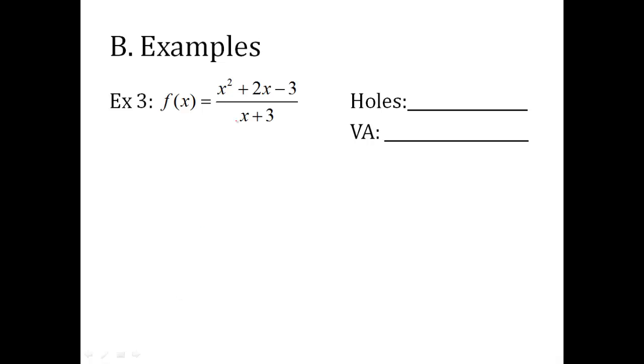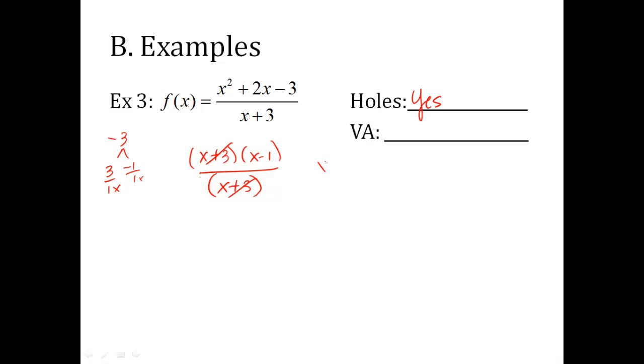Let's try another one. Factor, factor, factor. Top, MIFDARM, negative 3. Two terms, give me a positive 3 and a negative 1. Divide by 1. Can't reduce that. So the top will factor as x plus 3, x minus 1. The bottom is x plus 3. Common factor here, so that means there is a hole.